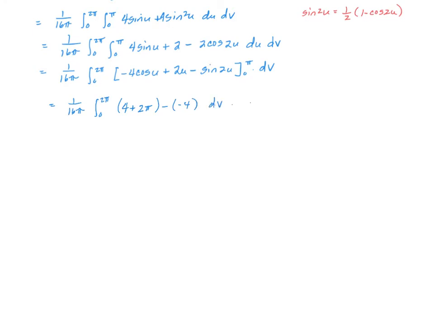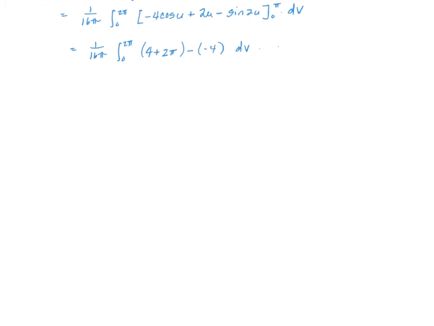And a bunch of zeros. All right, so it's going to be 8 plus 2 pi. So since it's 8 plus 2 pi, I can bring that out since it's a constant and just integrate with respect to v.